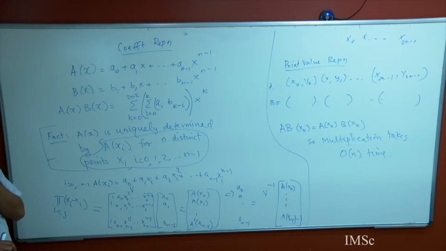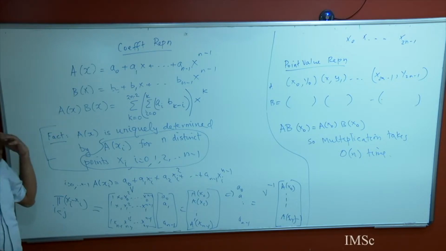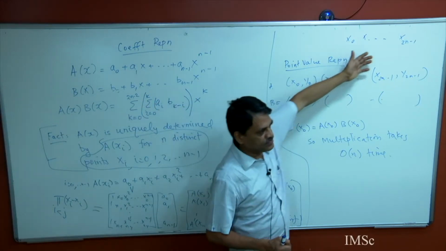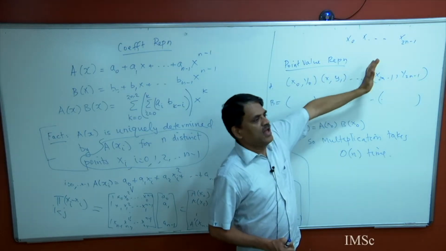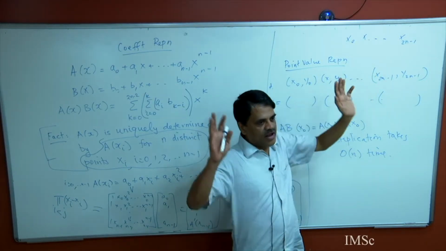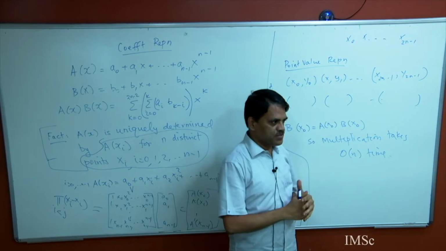Question is, can I evaluate it faster? I want to evaluate in n log n time. And what is the leeway I have? The leeway I have is that these points are my choice. Any n distinct points can determine my coefficient representation.